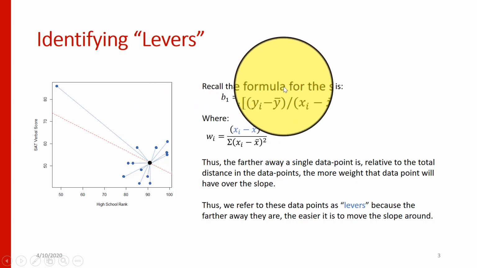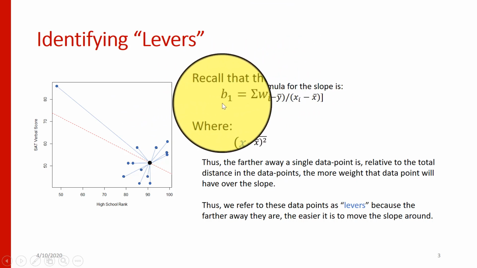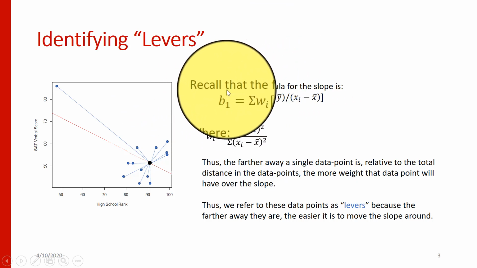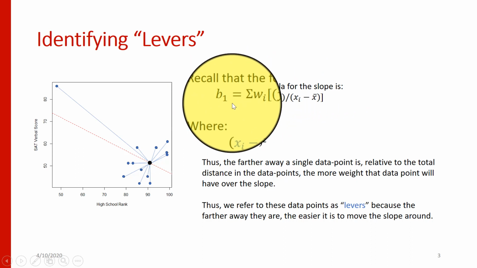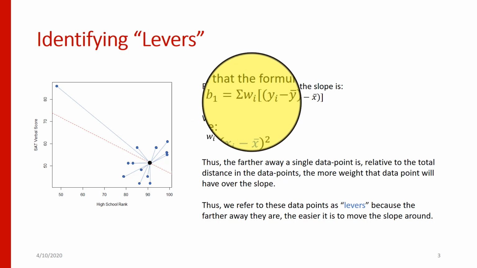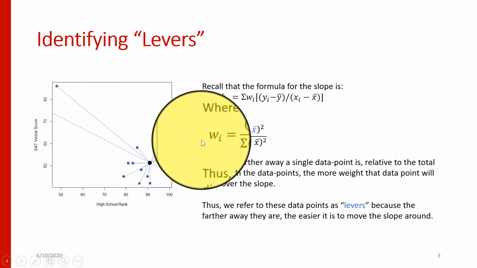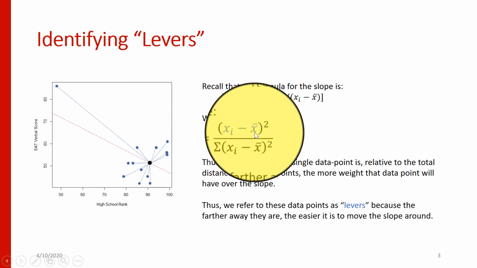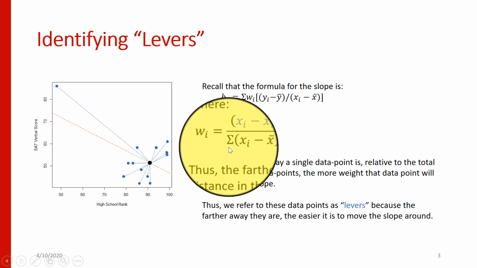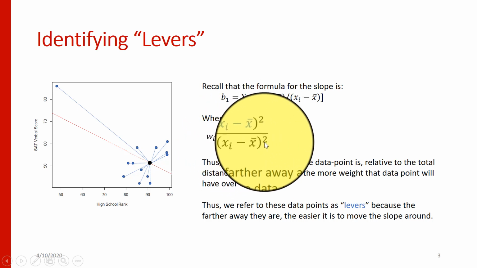And so the formula for the regression slope, as you might recall from previous lectures: B1 is our estimate of beta 1. So this is the regression slope in our sample, and it's based on the sum of the weights multiplied by deviations around the y-axis divided by deviations around the x-axis. And those weights are critically based on x. So the actual weights are x minus the average x, squared, over the sum of all the x's minus the average x, squared.